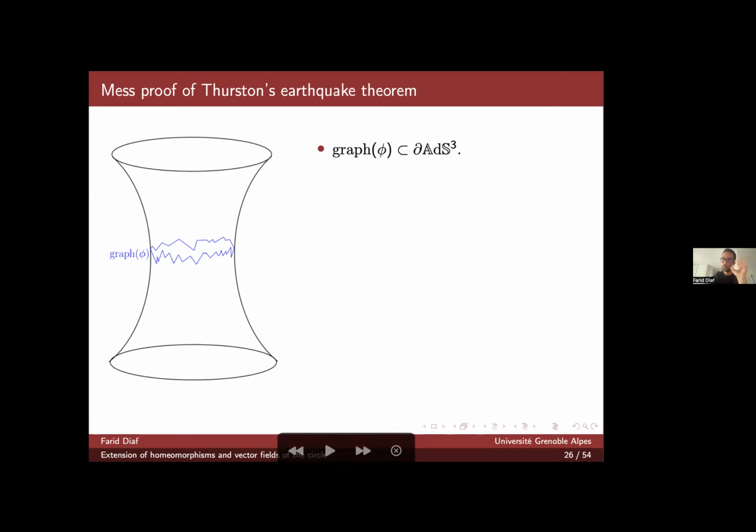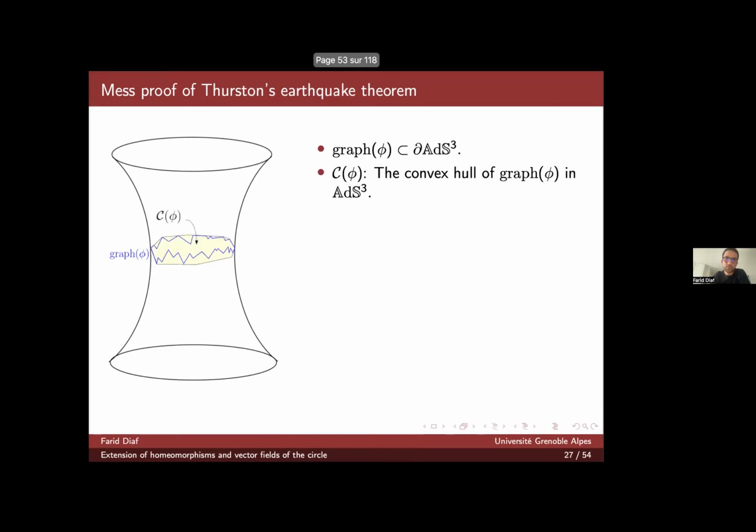Anyway, let's say that you take this graph inside this hyperboloid. Then you take the convex hull of the graph of phi. Convex hull means the smallest convex set which contains the graph of phi.